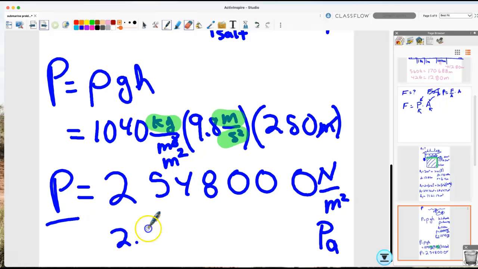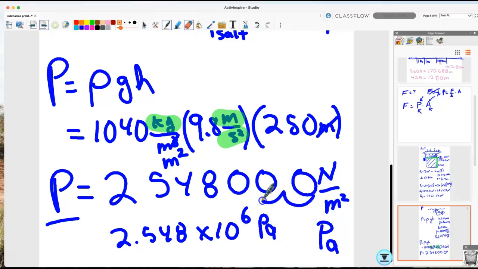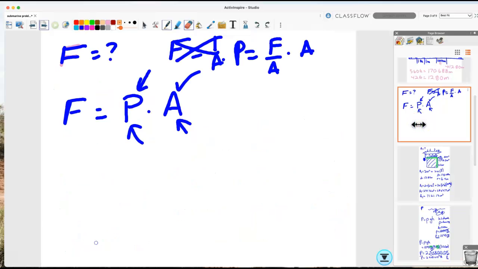So that's 2.548 times 10 to the 6th pascals, right? Because we have 1, 2, 3, 4, 5, 6. 10 to the 6th pascals. That's our pressure. So now if we go back to our formula, check, we have our pressure. So our force is, I'm just going to rewrite that since we've got all our check marks up there.